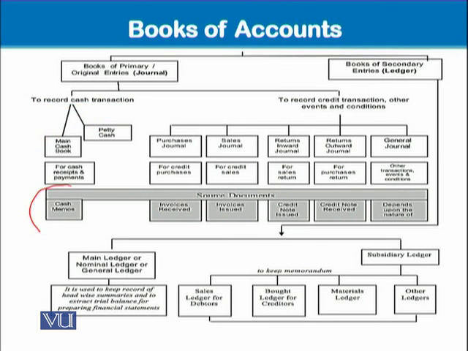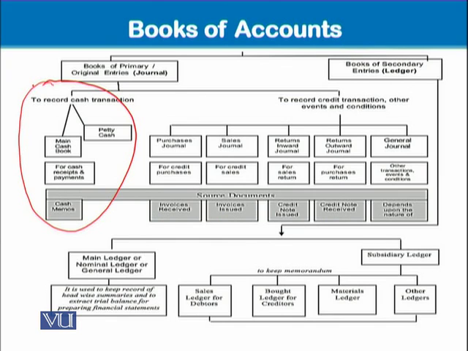This is what we discussed in our earlier module, that its source document is cash memo or cash receipt. So this is one type of book of accounts, which are the books of original entry. You can also call it cash journal or cash register.